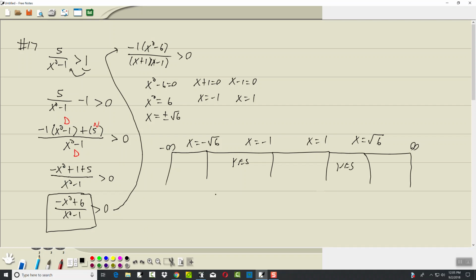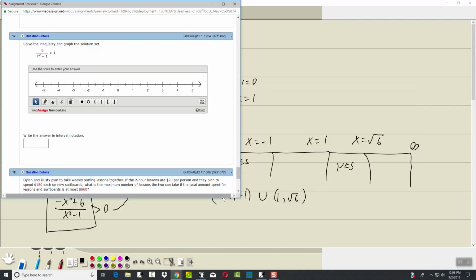So our answer is negative square root of 6 to negative 1, and 1 to square root of 6. Now it's a greater than, which means everything's parentheses, like this. Now on the graph, since it's asking us to graph it, you would change these to decimal form, square root of 6, and get as close as you can to what you think it would be.